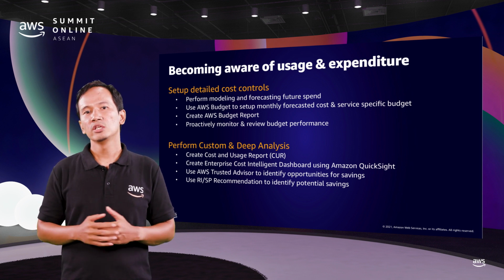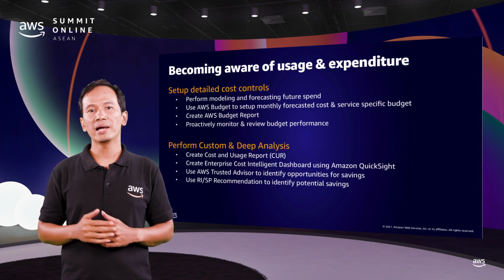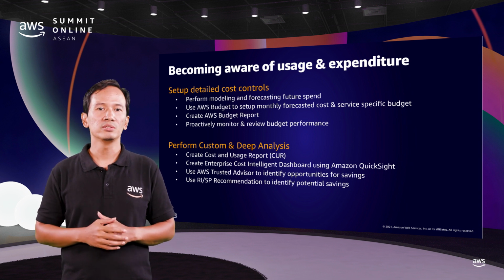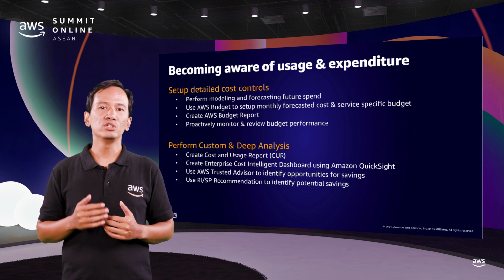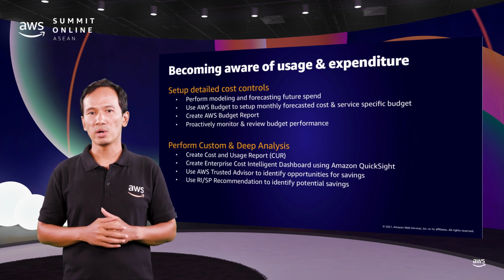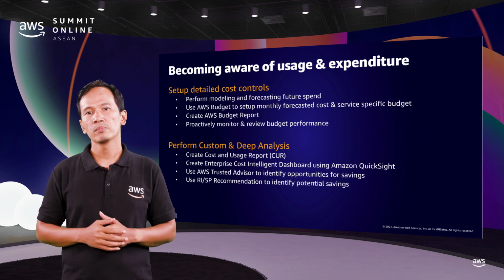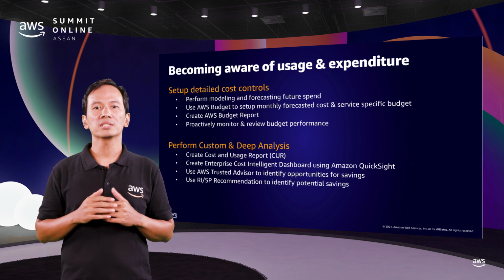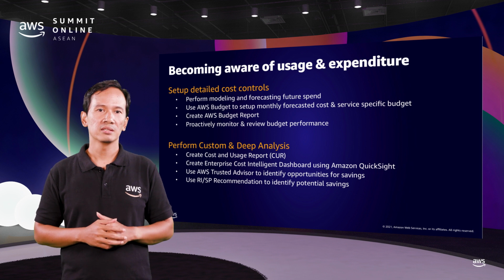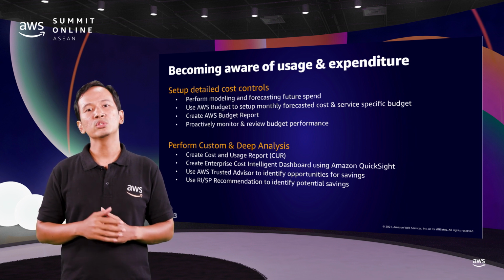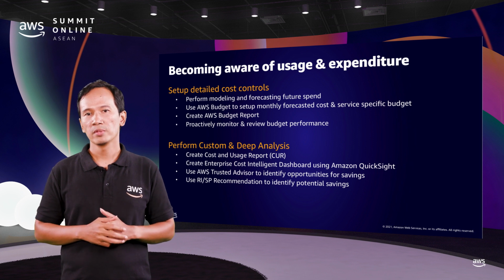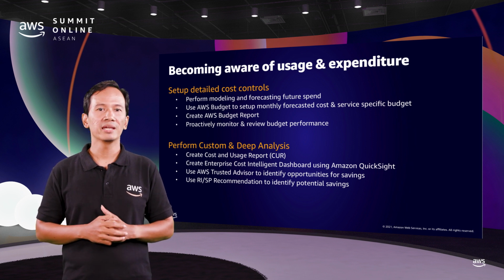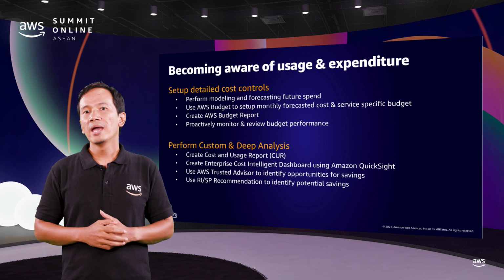On the other hand, you can perform custom and deep analysis on your cost and usage. I suggest you enable Cost and Usage Report, or CUR, in the billing dashboard to have a granular cost and usage data collection. After that, you might want to create an enterprise cost intelligence dashboard using Amazon Athena and Amazon QuickSight.